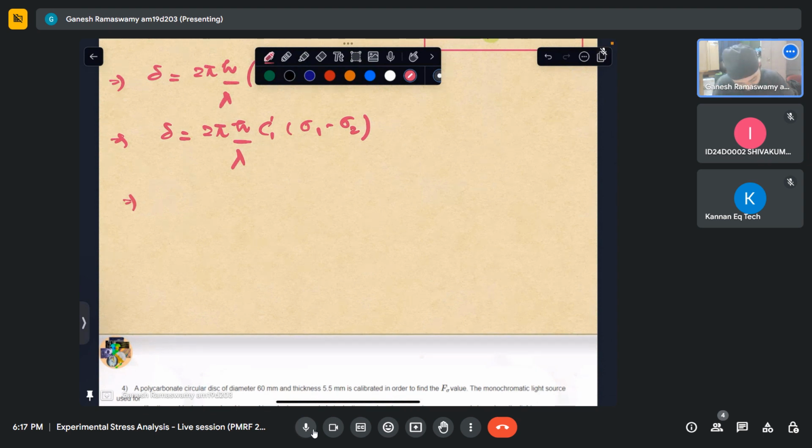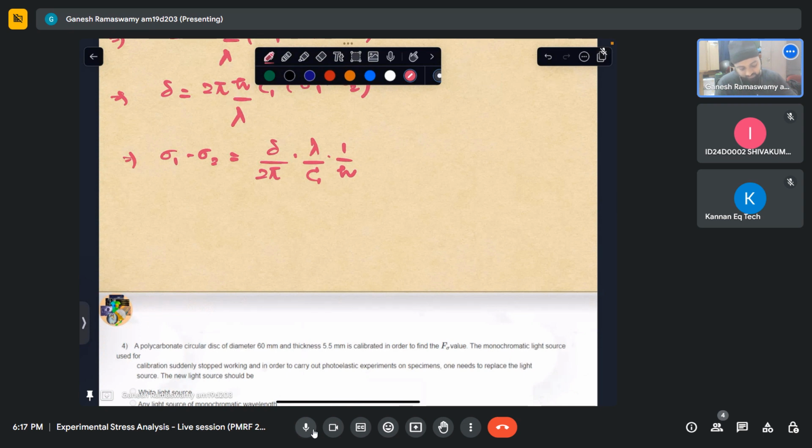So if I keep sigma 1 minus sigma 2 on the left side, what will the right side become? It will be delta by 2 pi into lambda by C into 1 by h. So this quantity is what we term as our n, as we saw in the first question.